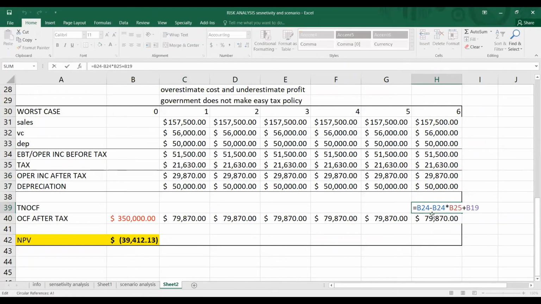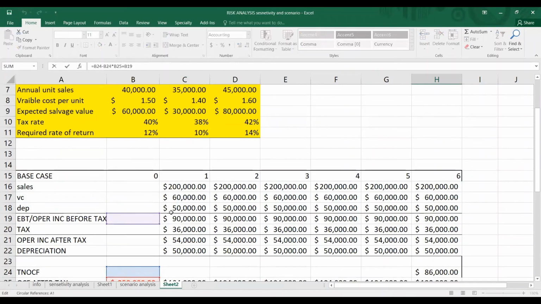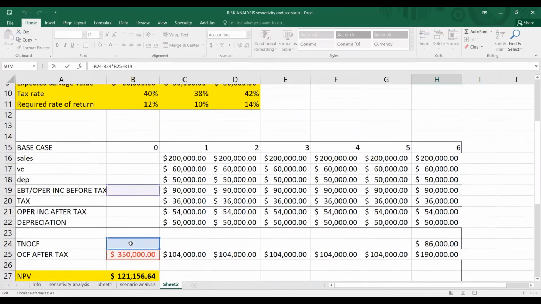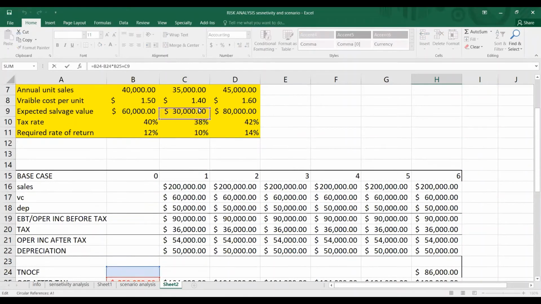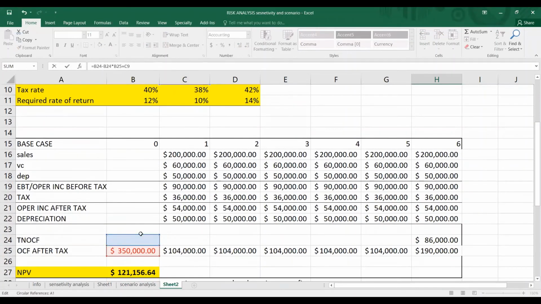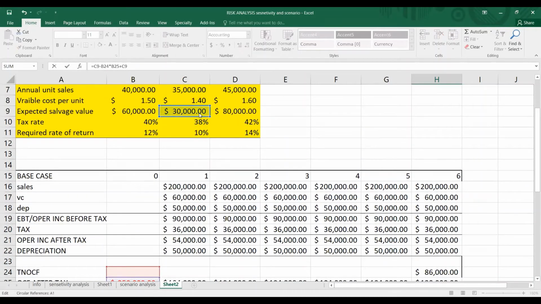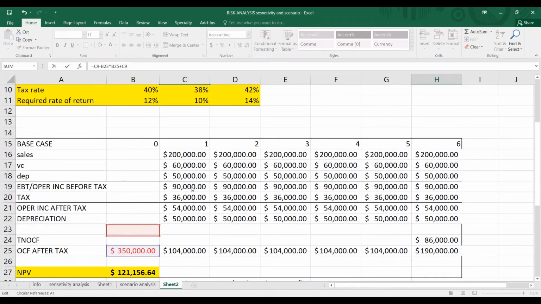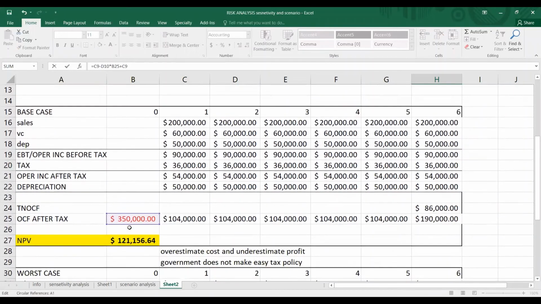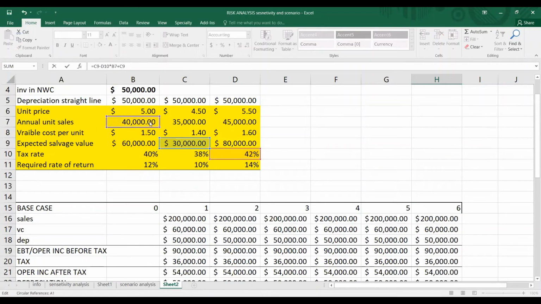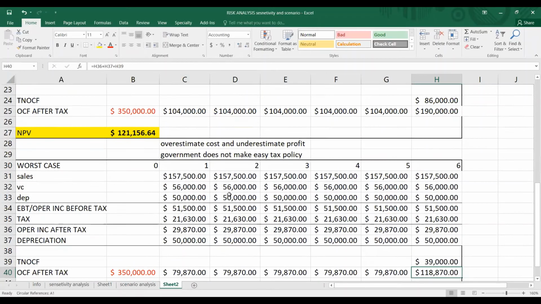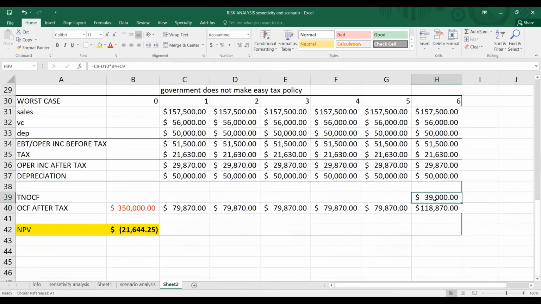And terminal non-operating cash flow, it just moved. So expected salvage value, this is for how much we sell it and how much, change in net working capital. No, let me just estimate from the beginning.